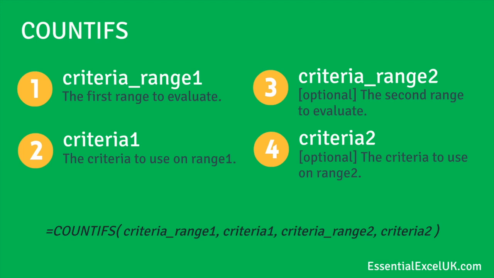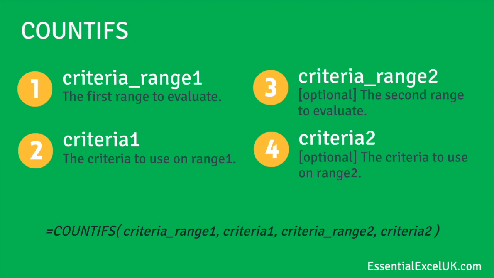But to simplify it into what will fit on the page, we've just gone with these two examples to start with. COUNTIFs has the same purpose as our COUNTIF, but to summarise it better, COUNTIF allows us to count a range based on one piece of criteria, whereas COUNTIFs allows us to enter multiple pieces of criteria.